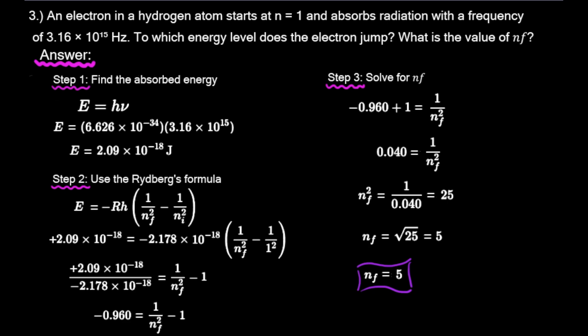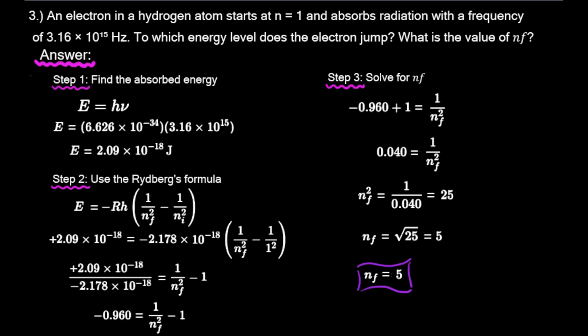N initial is 1, so the equation becomes positive 2.09 times 10 to the minus 18 equals negative 2.178 times 10 to the minus 18 multiplied by the quantity 1 over n final squared minus 1.